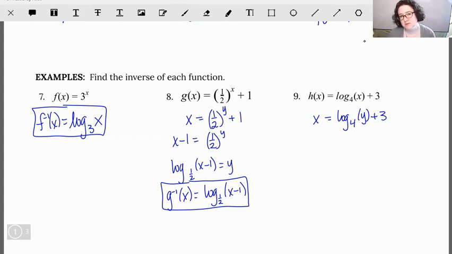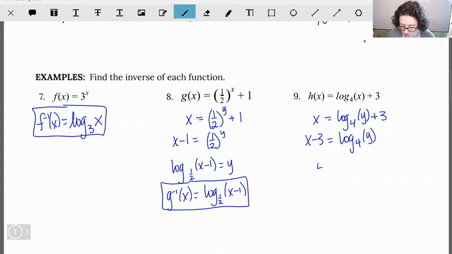So same thing as we did before. Let's try to isolate our y, which means moving everything away from it. Let's subtract 3 from both sides. So x minus 3 equals log base 4 of y. And now let's change our format. So here it's in logarithmic format, so now let's change back to exponential.